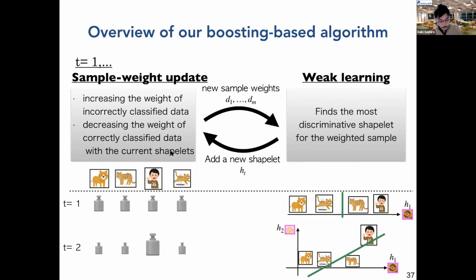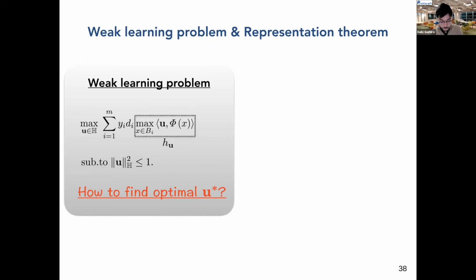And for example, first we give equal weights for all samples and obtain the most discriminative shapelet or shapelet-based local features for the current sample weight.